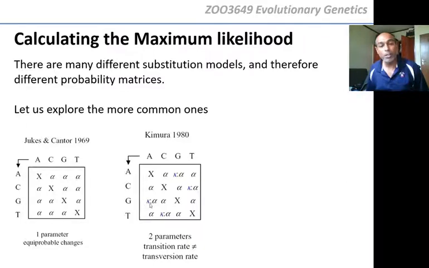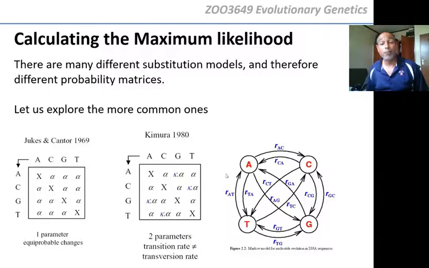We multiply the alpha by another constant called kappa, which gives you the transversion rate. So it's two rates: alpha, and alpha multiplied by kappa. Transitions, according to Kimura's two-parameter model, mutate according to alpha, and transversions mutate according to alpha multiplied by kappa.